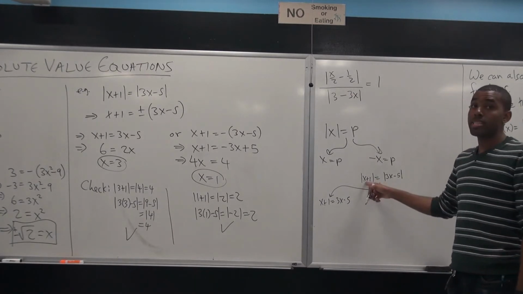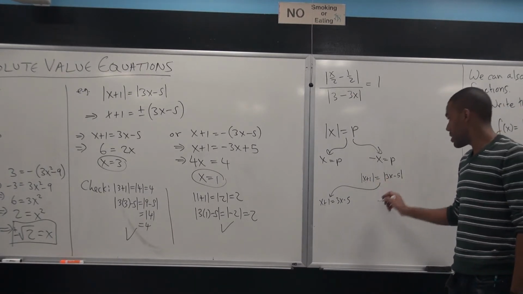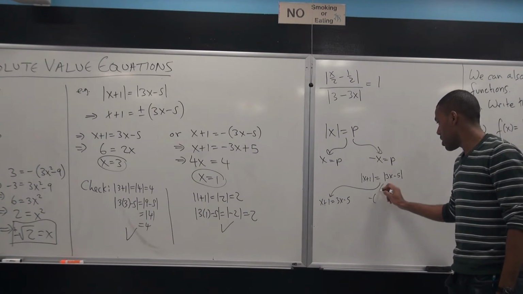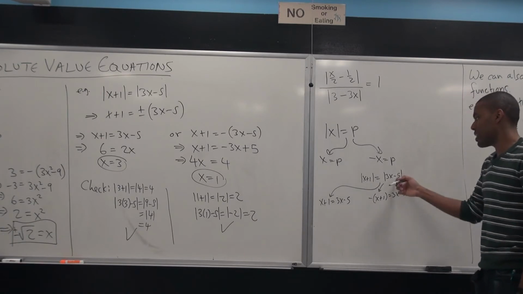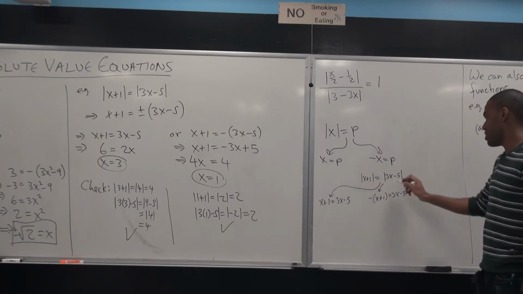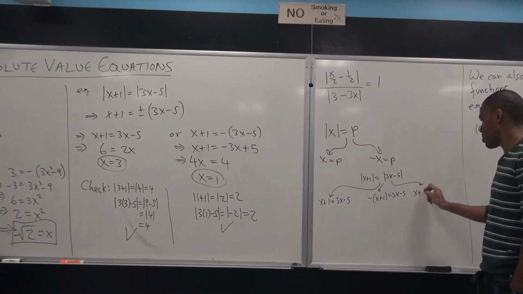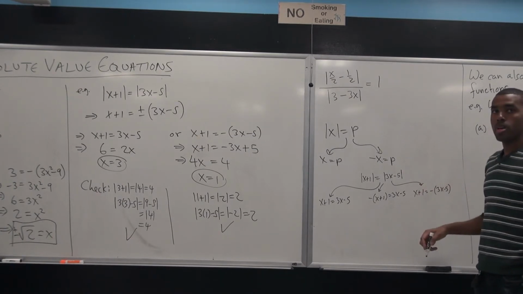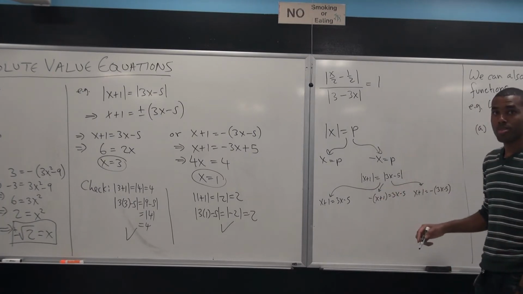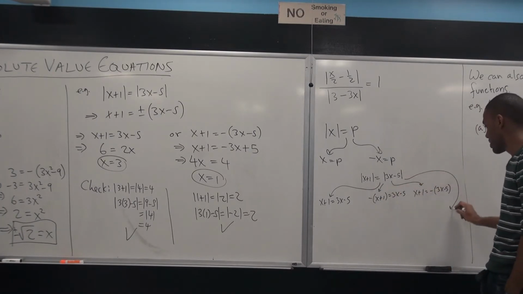But what if the inside, this is negative and that's positive? Then that would give you another case, which is this. What if vice versa? This is negative, but that's positive. Then that gives you another case. x plus 1 equals minus 3x minus 5. What if both the insides are negative? Then that gives you another case.